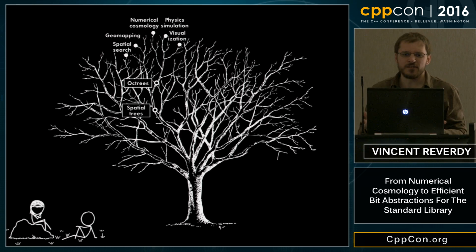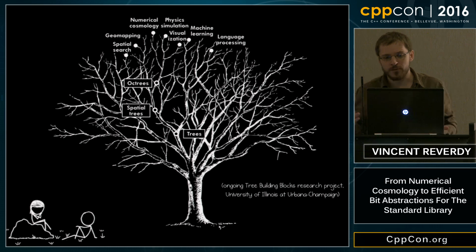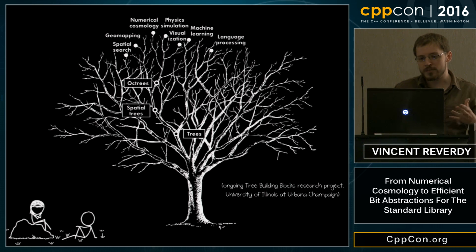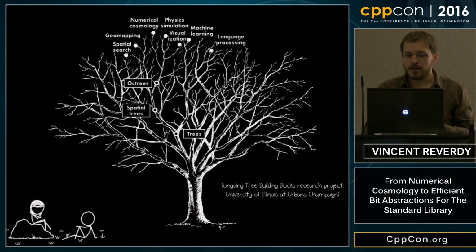Octrees are a kind of spatial trees, and spatial trees are used for geomapping and spatial search. Spatial trees are a type of trees, and trees are used everywhere in computer science, including machine learning and language processing, and even compilers are based on trees. And now in Urbana-Champaign, I lead a whole team about making trees far more efficient. It's the Tree Building Block Research Project.